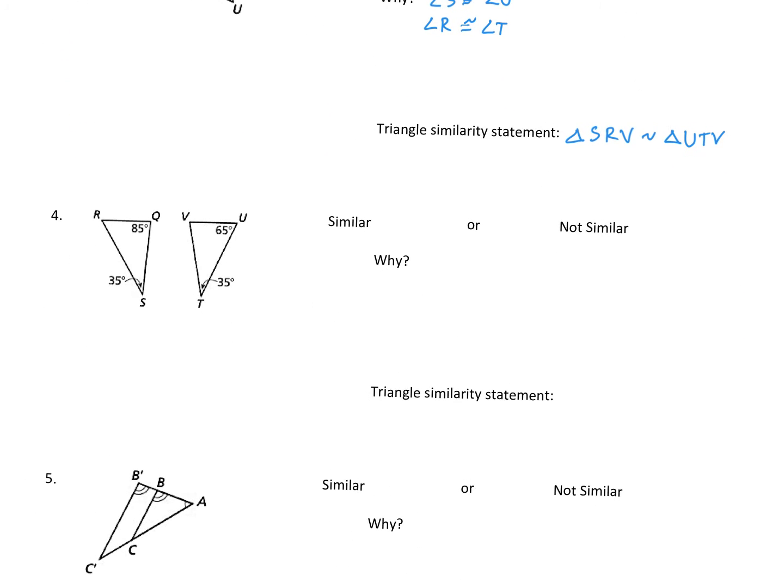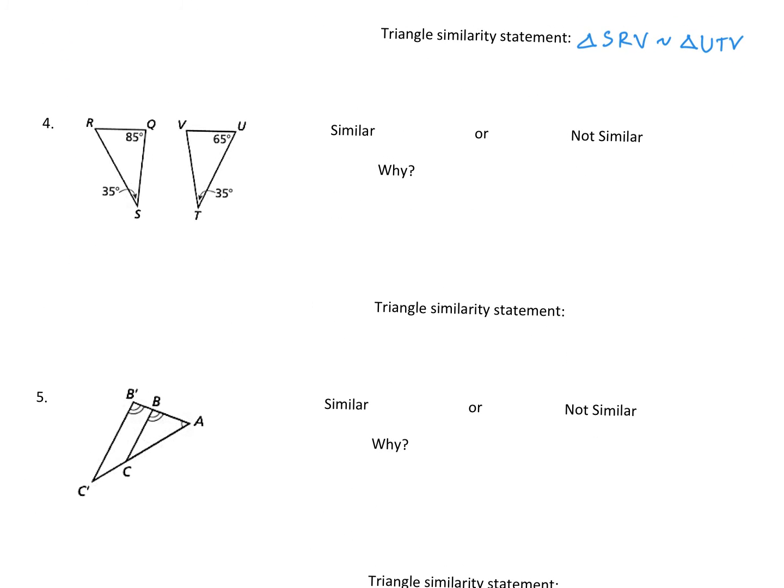Okay, number 4, similar or not similar? Well, I have 35 and an 85, and if I took 180 minus 35 minus 85 to find our missing angle, this is 60. I have 60 here. And then the other one, if I did 180 minus 35 minus 65, I get 80.